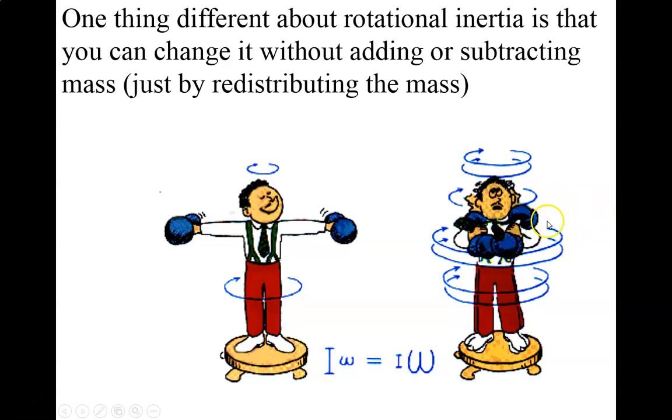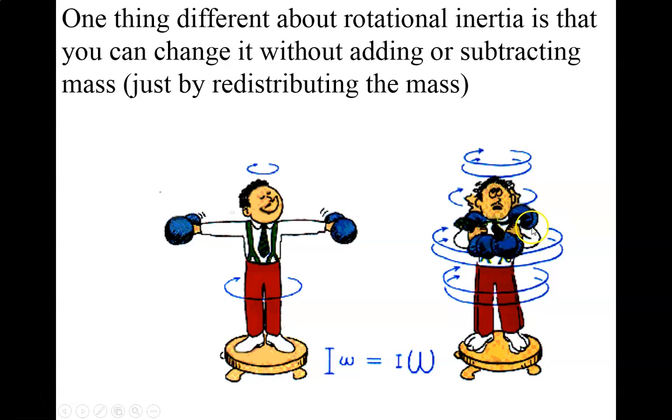Now, what's kind of cool about rotational momentum is that you can change the rotational inertia without actually changing the mass of the object. All you have to do is move the mass around a bit. So here we've got a person with their arms out holding some dumbbells, and then here they bring them in. Here they have a large rotational inertia with their arms out, because when you move mass away from the axis of rotation, you have a large rotational inertia.